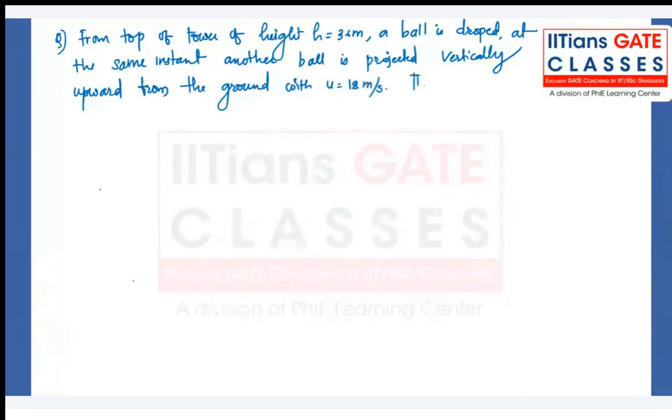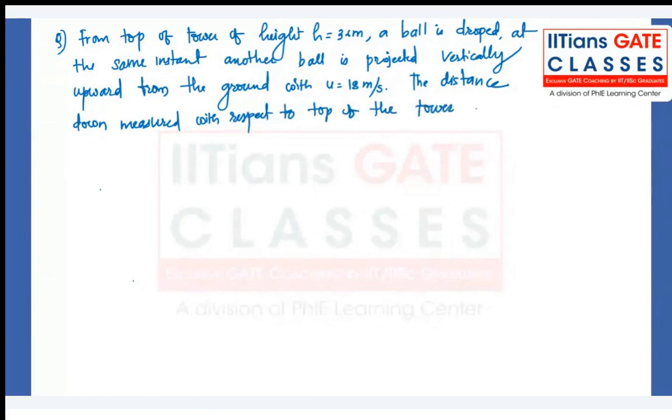The distance measured with respect to the top of the tower at which both the balls pass each other. Okay.